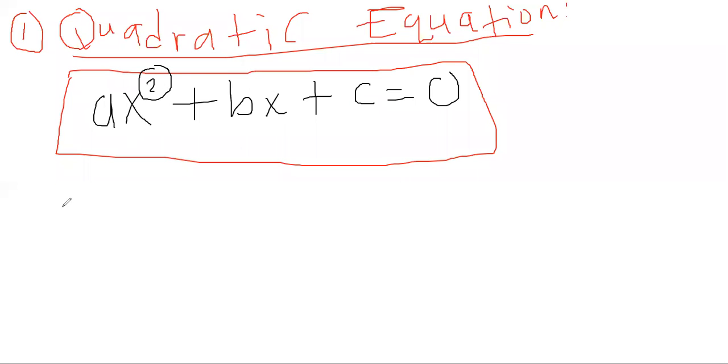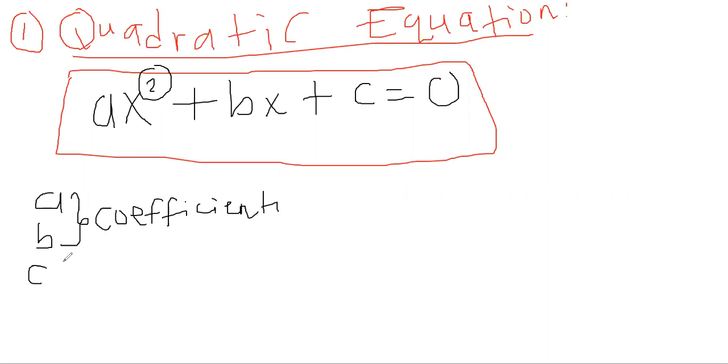So here, a, b, and c are parameters, but a and b are what? They are coefficients. You understand? So a and b are coefficients, and c is a constant.